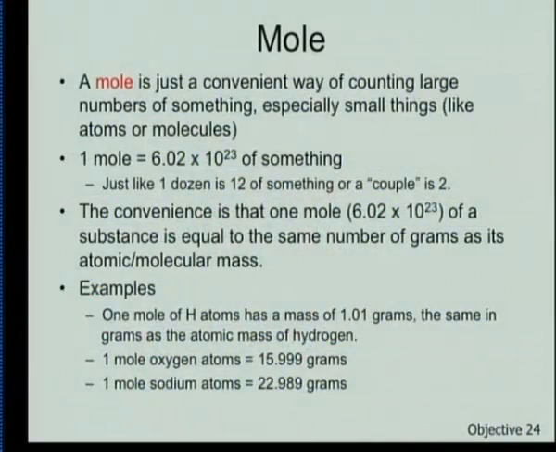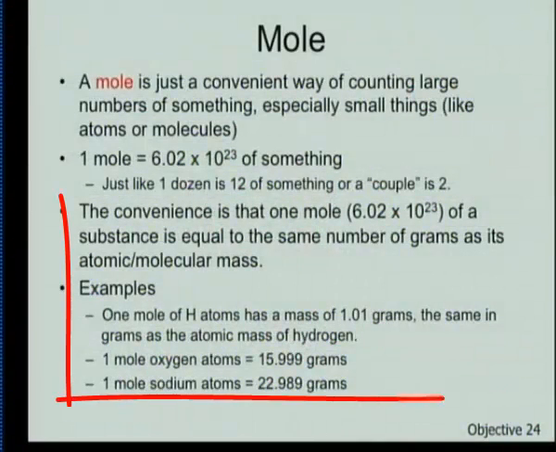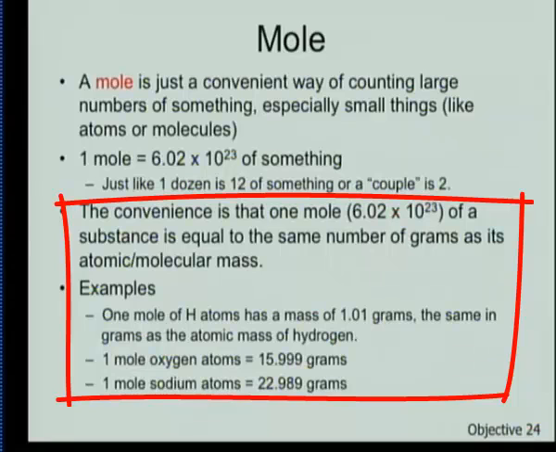Now, to form a connection with the periodic table, it just so happens that if you look at each of the elements and their atomic weight, for example oxygen being 15.99, sodium 22.989, and hydrogen 1.01, that corresponds with this: if you had 1 mole of oxygen atoms, you have 15.99 grams.